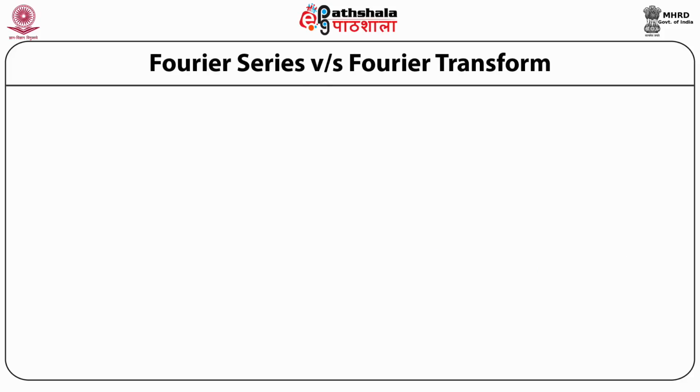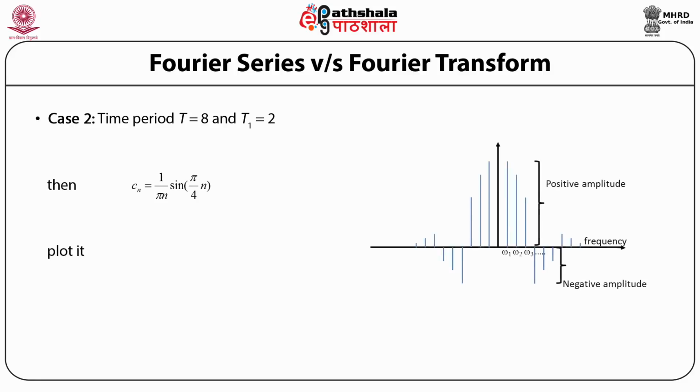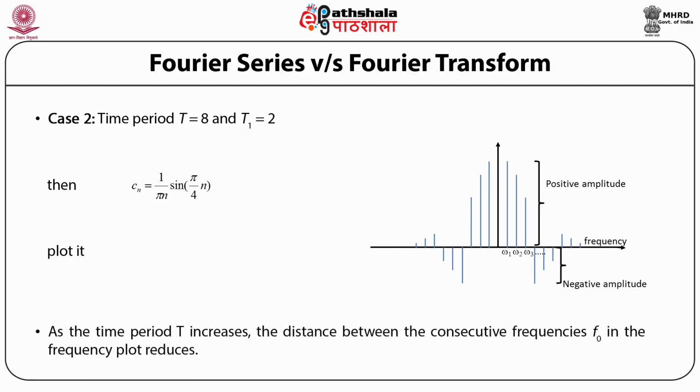Let us see another case of solving the same problem. We can assume the total time period is 8 and t1 is equal to 2. Then when you solve it, you will see the number of lines or frequencies are increasing, and the distance between consecutive frequency plots, f0, is decreasing.